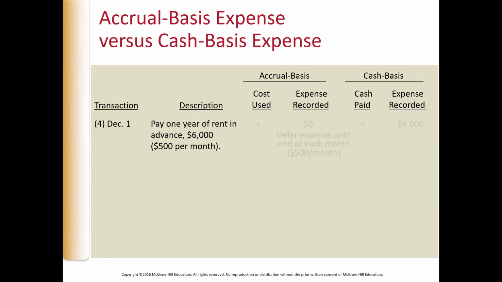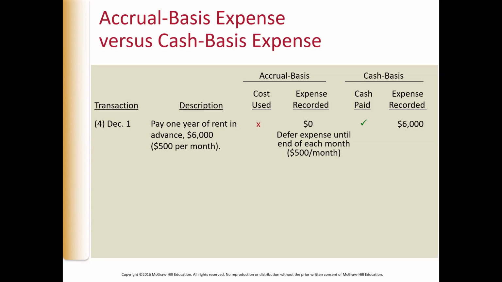So we know under the accrual basis of accounting, we would treat this as a prepaid rent, and we wouldn't have an expense until the end of the first month. We would have 500. The end of the second month, we would then record 500. The end of the third month, we would record 500.